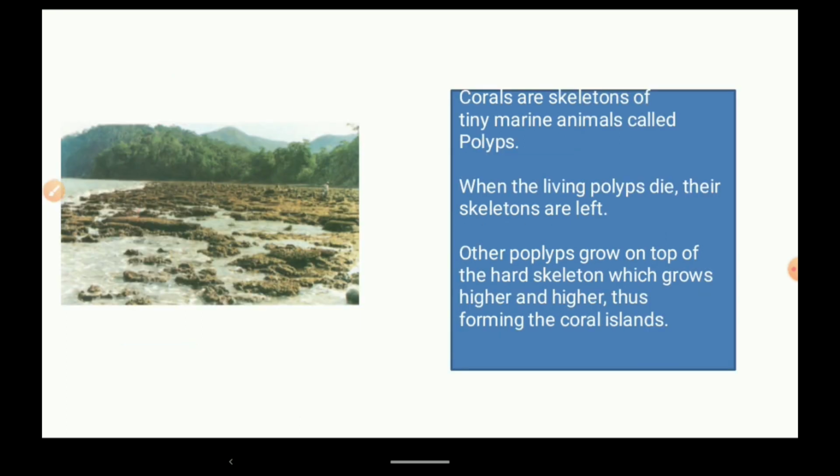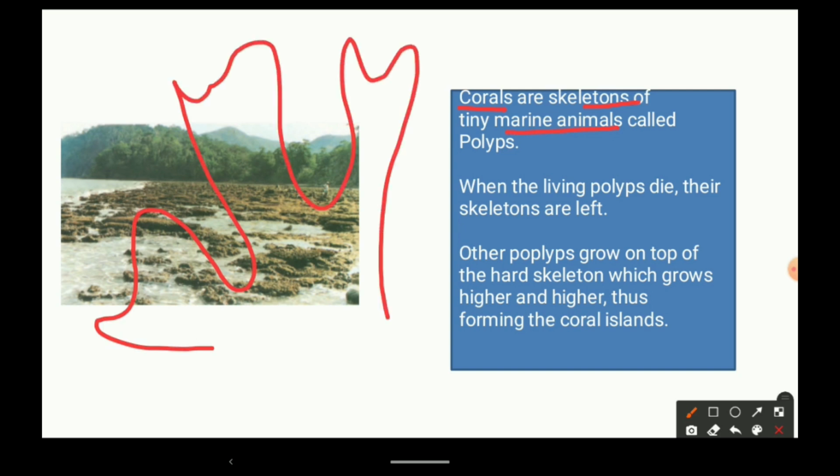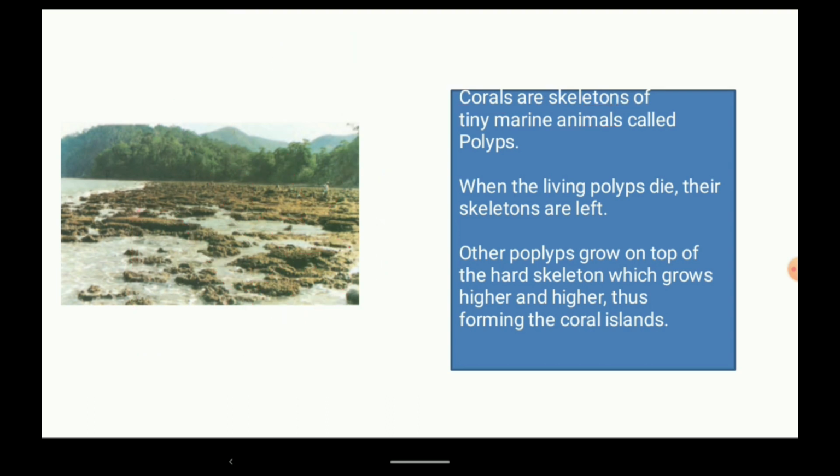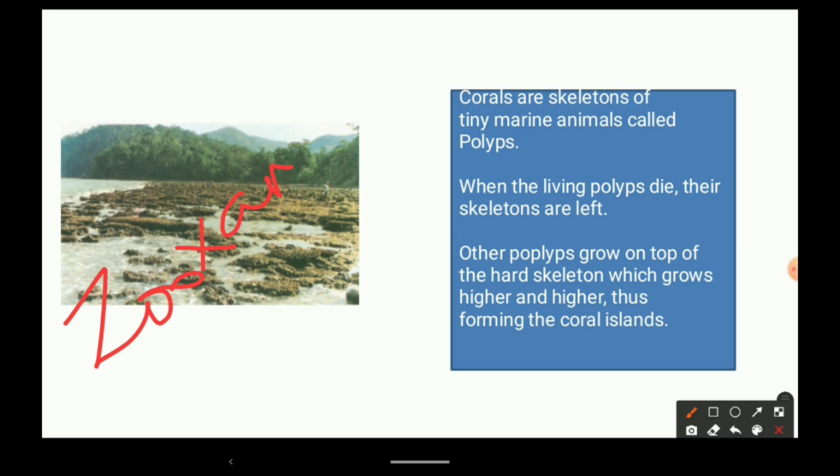We have come to the last topic of the lesson, coral islands. First, we have to know what coral is. Corals are skeletons of tiny marine animals called polyps. They contain symbiotic algae called zooxanthellae.